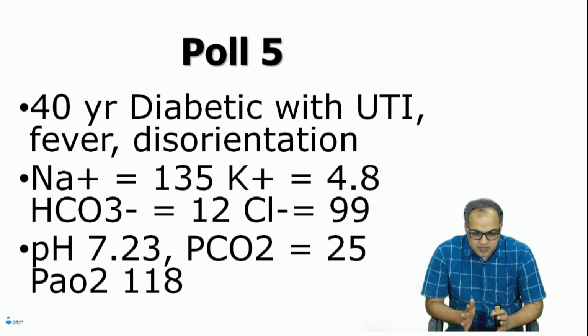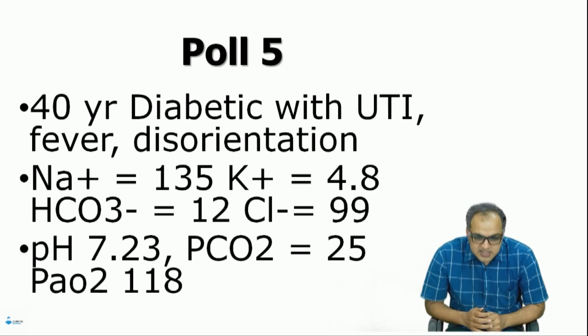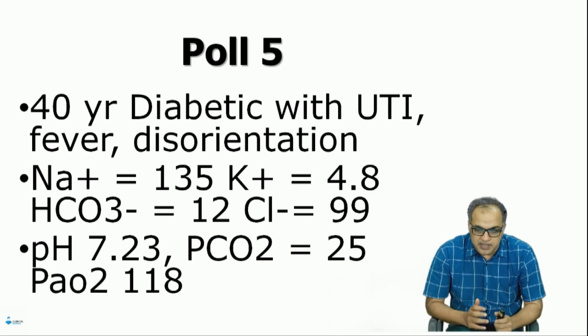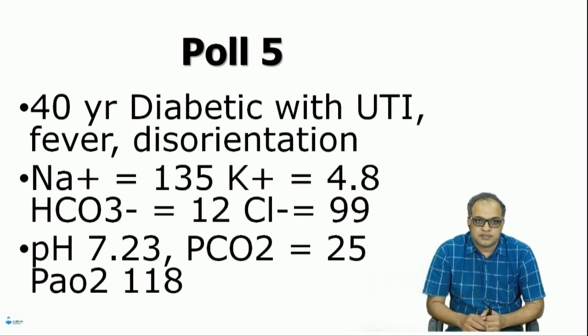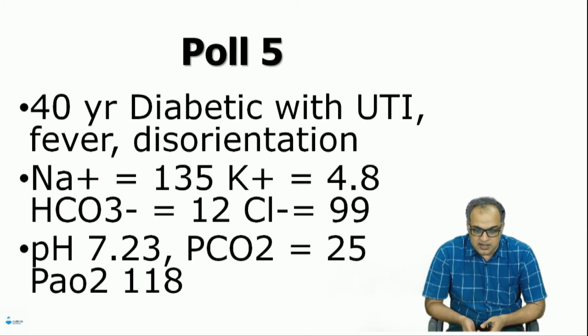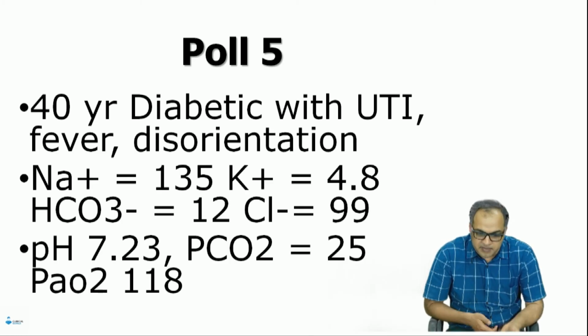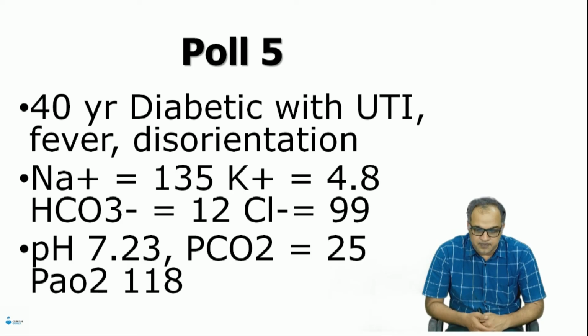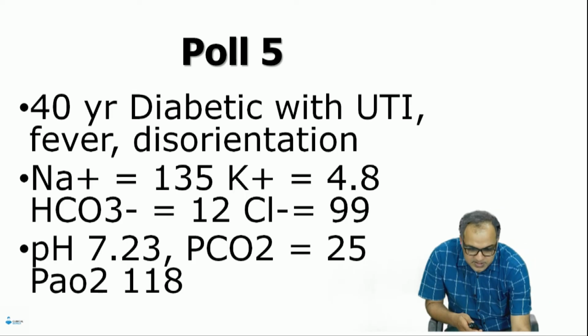First question. pH is 7.23. Is it acidemic or alkalemic? Second question, what is the primary disorder? Is the CO2 going towards acidosis, or is the bicarbonate going towards acidosis? How many questions are there? 5.